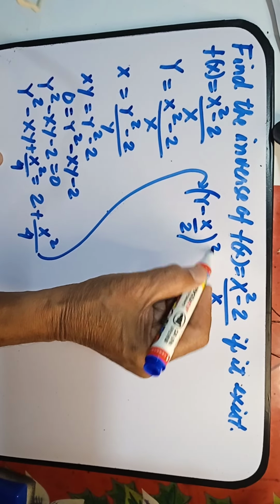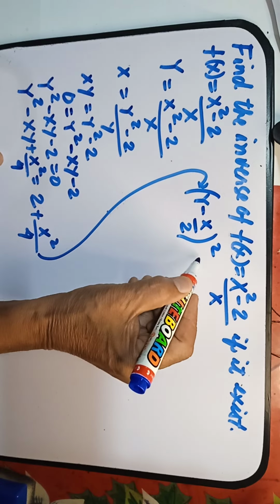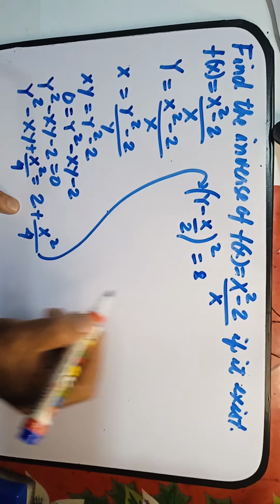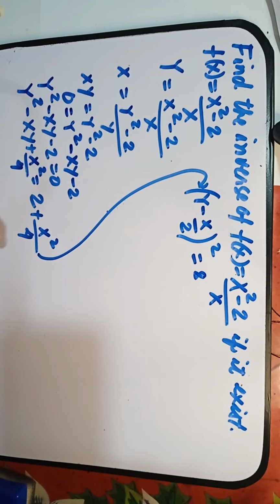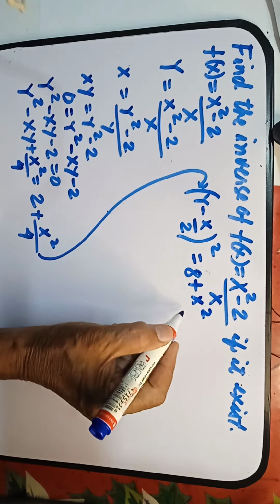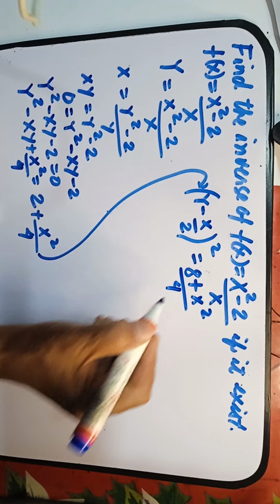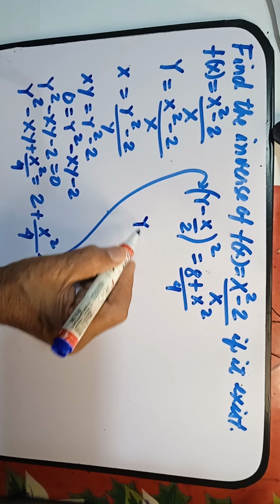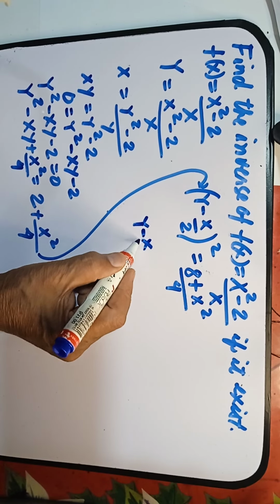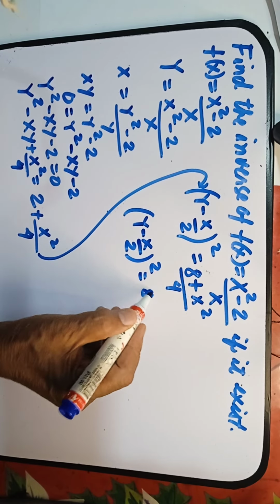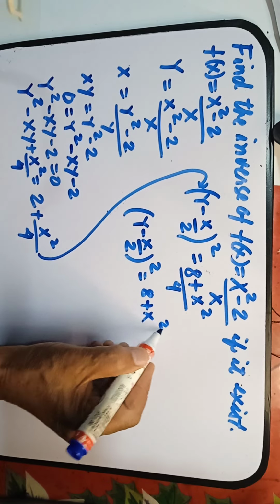The binomial, that is squared. So on the other side, we multiply 4 to 2, that is 8, plus x square, all over 4. Now, we rewrite it here. Y minus x over 2 squared is equal to 8 plus x square over 4.